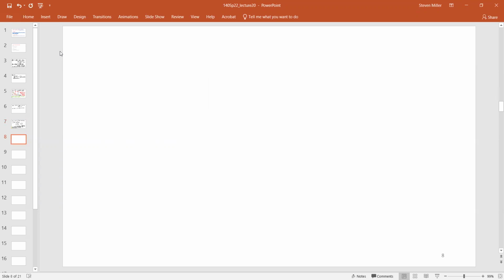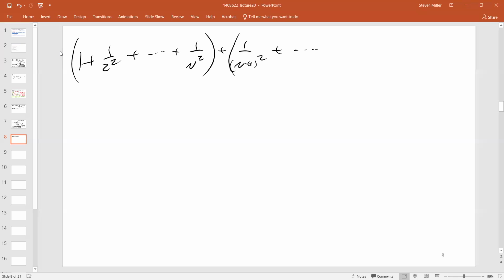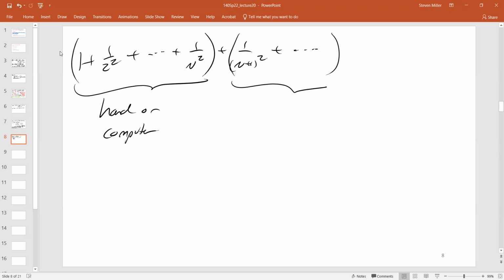So you can see that for things that converge, the error might be really bad. What you should do is 1 plus 1 over 2 squared plus, say, 1 over big N squared plus 1 over N plus 1 squared plus ..., and do this by hand or computer. And then this is going to be basically of size the integral from N plus 1 to infinity of 1 over x squared dx, plus an error at most of size 1 over N plus 1 squared.